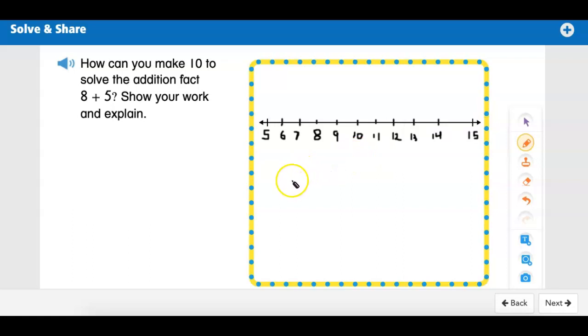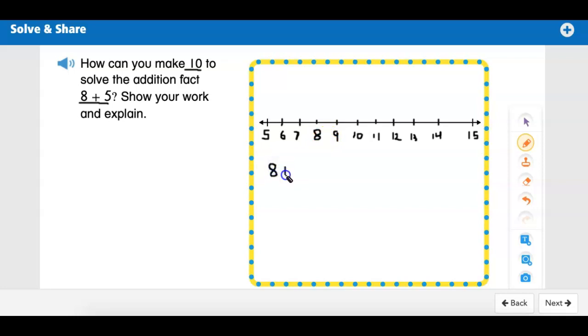So let's see, if we are working to solve 8 plus 5, but it wants us to make 10 to be able to solve it. What we could do, and you don't have to write the number line, is write our equations below.